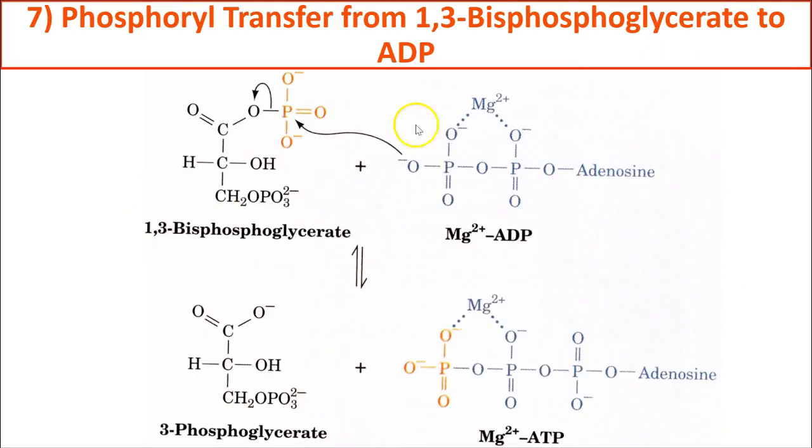And so, as I mentioned, that magnesium cation is shielding the negative charges on ADP, and now it can freely do a nucleophilic attack to this phosphorus atom and pick up the phosphate group and now have successfully made ATP. And now that 1,3-bisphosphoglycerate no longer has one of the phosphate groups, and now you have just 3-phosphoglycerate.